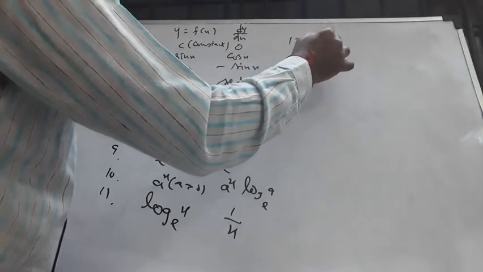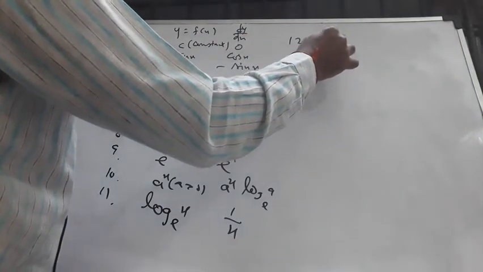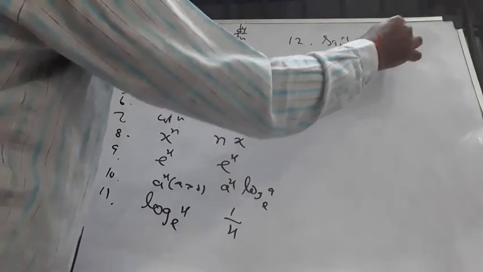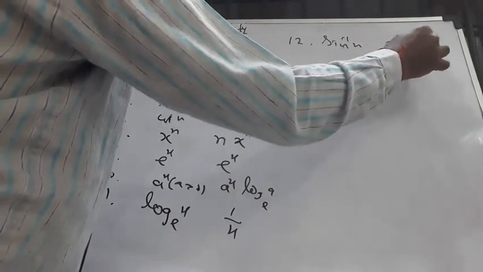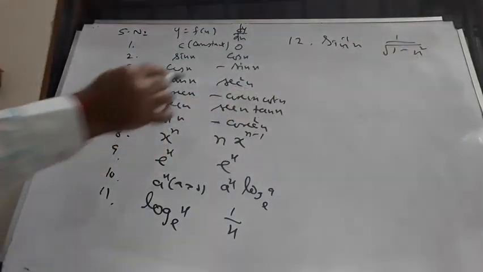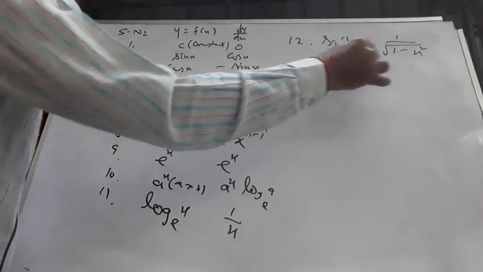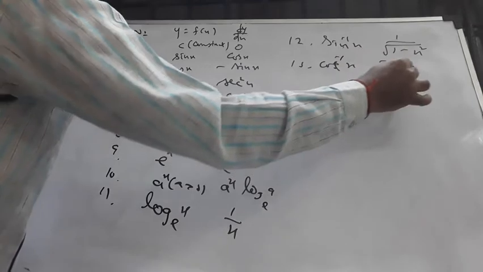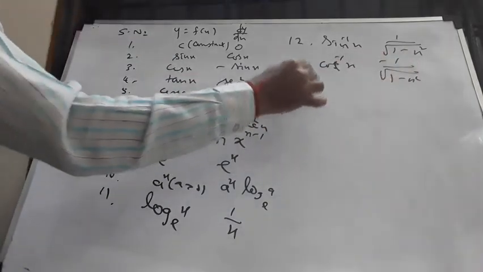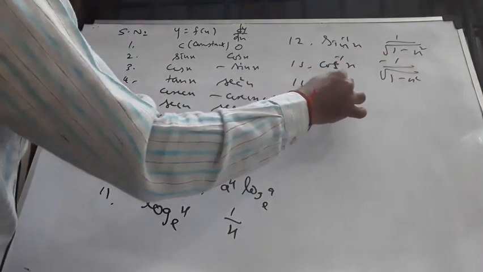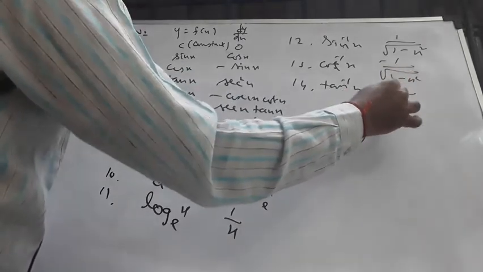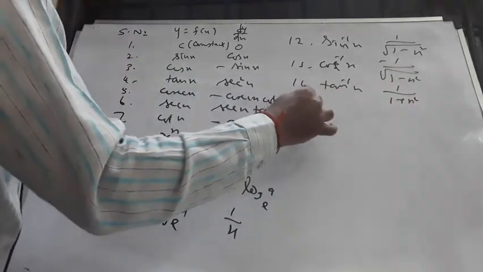Then sin inverse x, we have already seen, 1 by root of 1 minus x square. Then for cos inverse x, it is minus 1 by root of 1 minus x square. For tan inverse x, it is 1 by 1 plus x square.